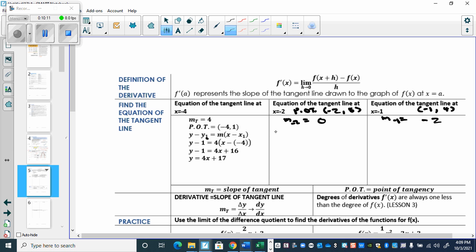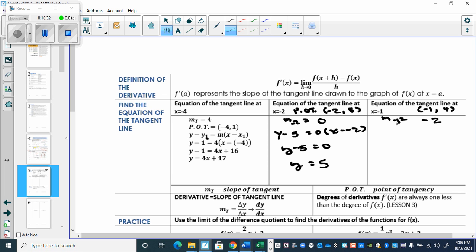And what I have is y minus 5 equals 0 times x minus 2, and I have y minus 5 equals 0, or y equals 5. This is point slope. This is the equation.